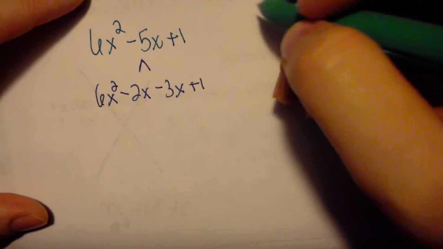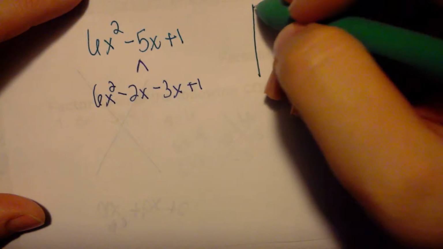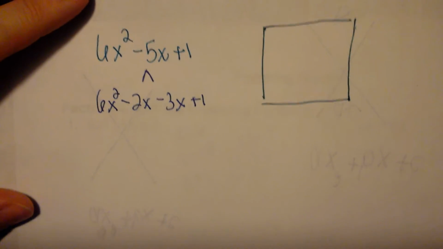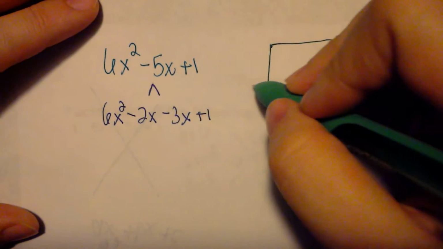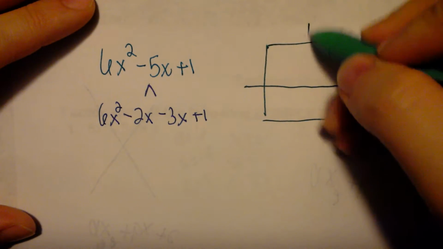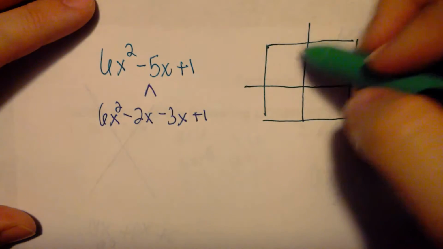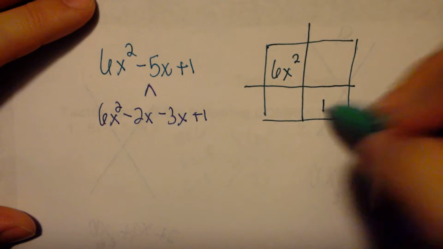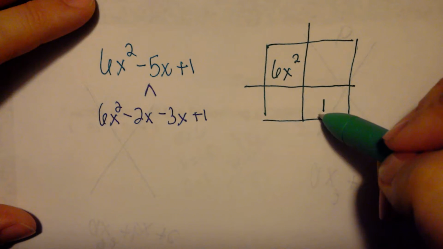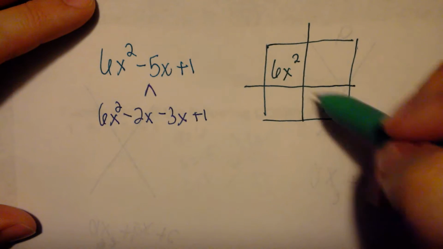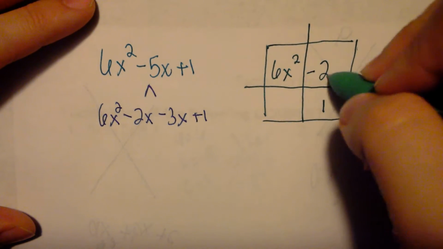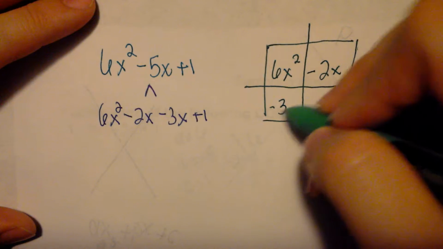And from here I can put it in the box. So each term goes in a separate compartment. My first and my last go on the top left and the bottom right, and then my other two terms go in the other compartments.